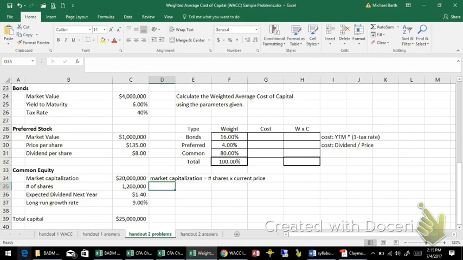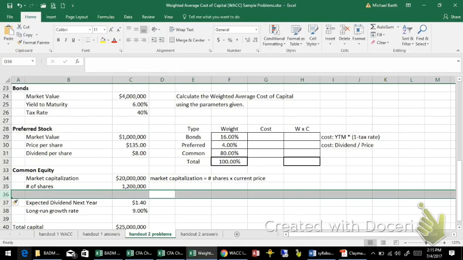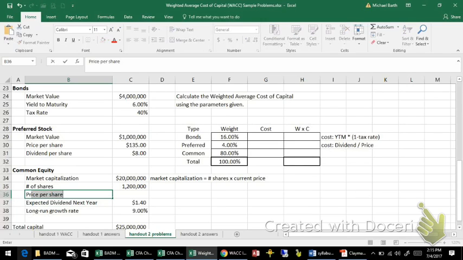So if there's 1.2 million shares, and they're worth a grand total of 20 million, then when I calculate the price per share, it's $16.67. And that's simply $20 million of value divided by 1.2 million shares, so each share would be worth $16.67.